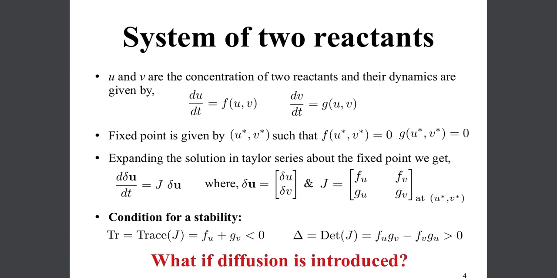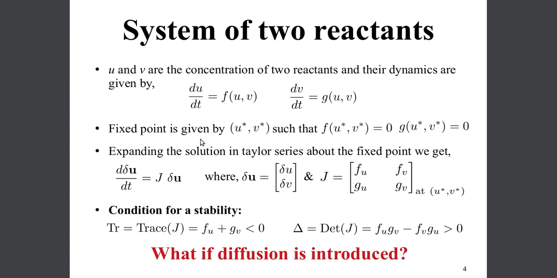A fixed point is given by u star, v star such that f(u star, v star) is equal to 0 and g(u star, v star) is 0. That means the rate of change of these concentrations is 0, and if the rate of change is 0, then it will not change in time. So they are fixed in time, which is why they are called fixed points.